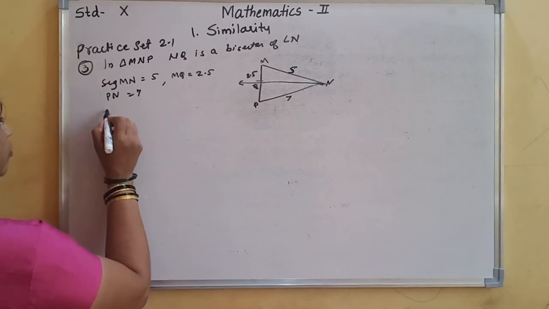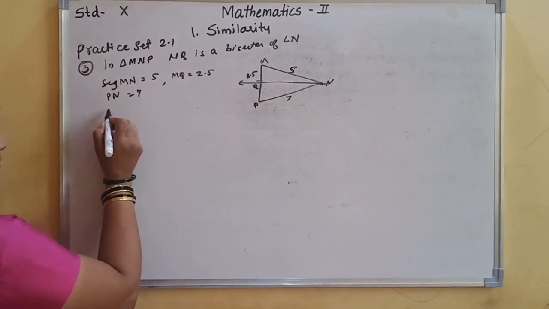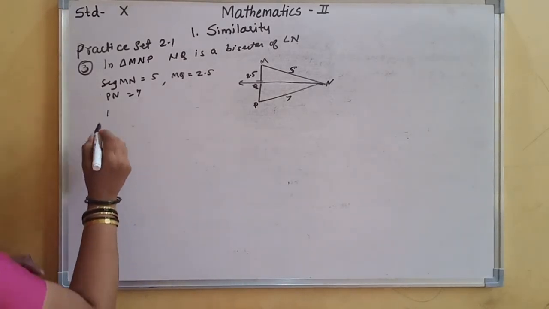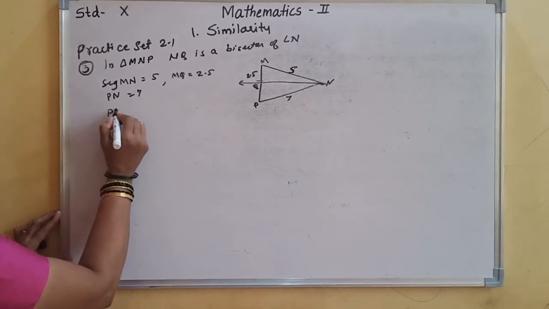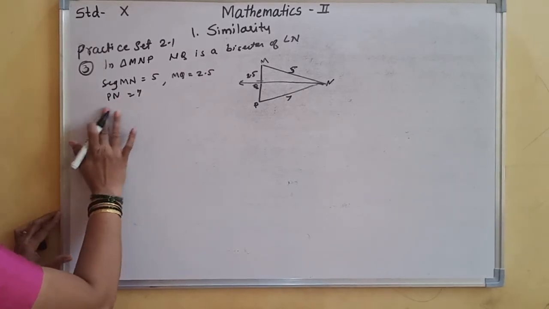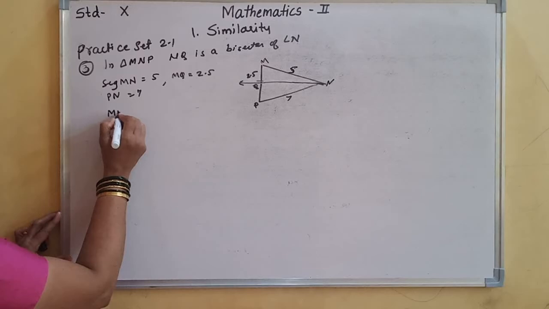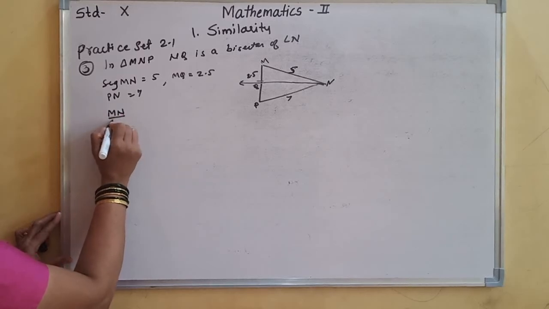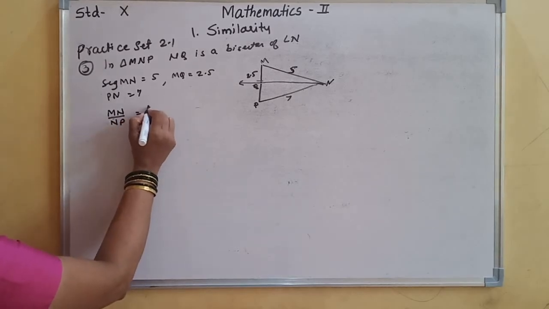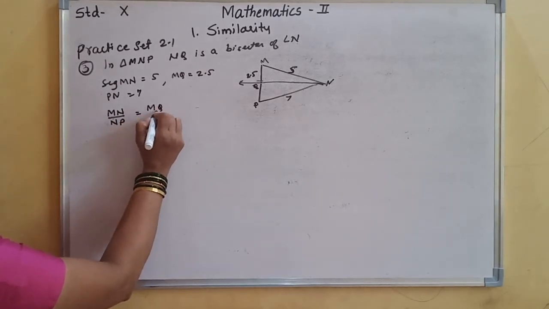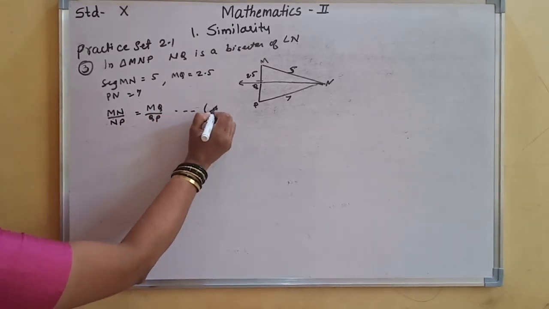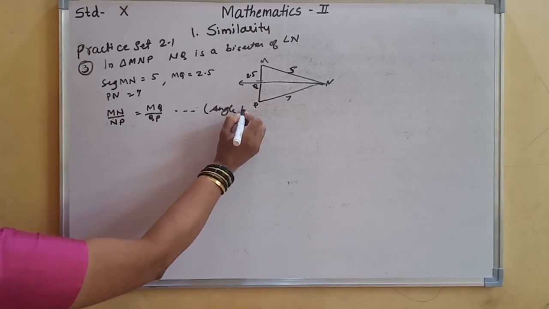So we know, by angle bisector theorem, MN upon NP is equal to MQ upon QP. Angle bisector theorem.